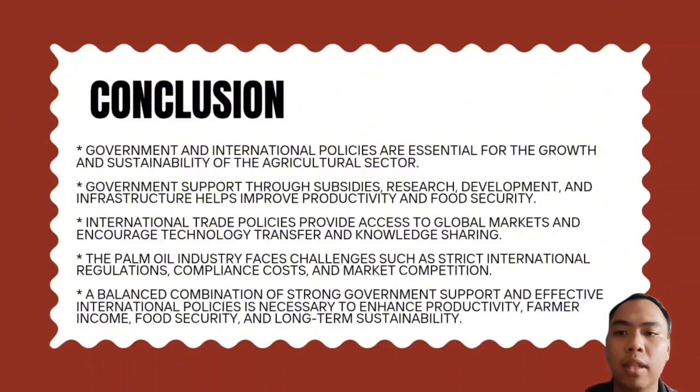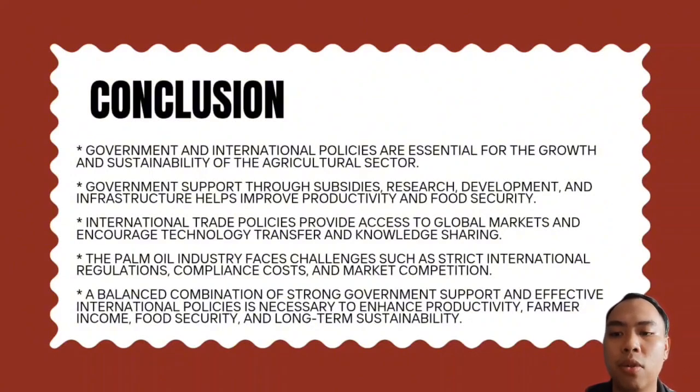At the same time, international trade policies provide access to global markets, encourage technology transfer, and promote cooperation among countries. However, the agricultural sector also faces challenges such as strict international regulations, trade restrictions, and increasing market competition.